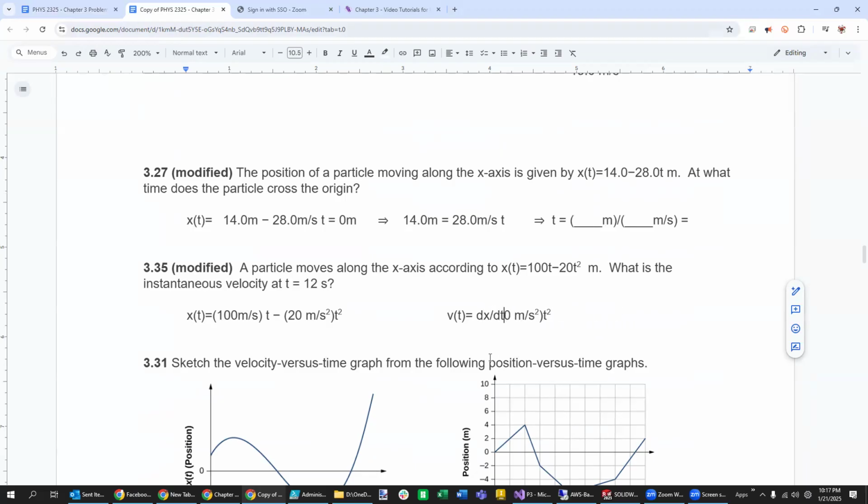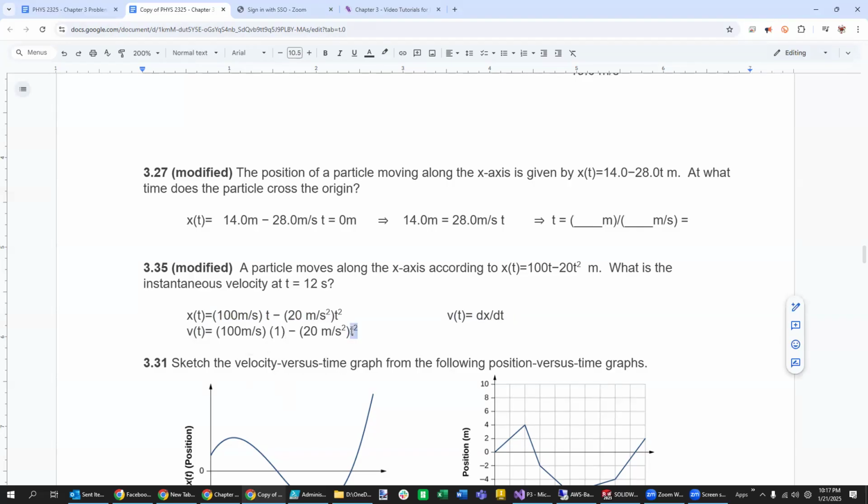So it's basically the derivative of the x function. So solving for that, come back over here, it looks like to me, if I take the derivative of this, it's just going to be the constant. And then right here, it's going to be dt, which is basically going to be a 1 right there.